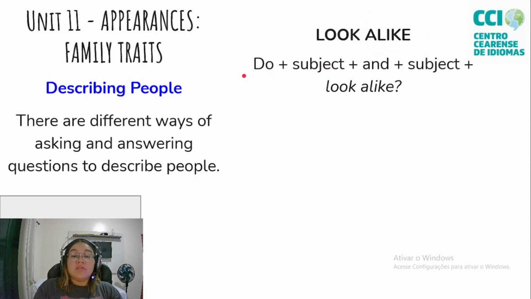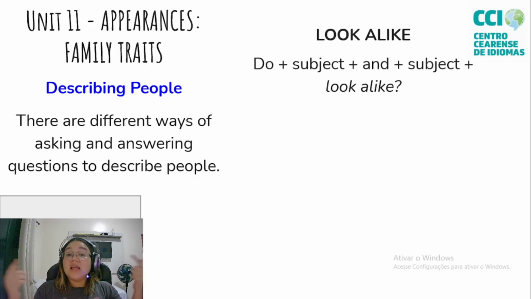So the structure is do, subject, and another subject look alike. We use it when we want to ask if two people look alike. Do they look like the same person? Do they have the same hair, the same eyes? So we use look alike.